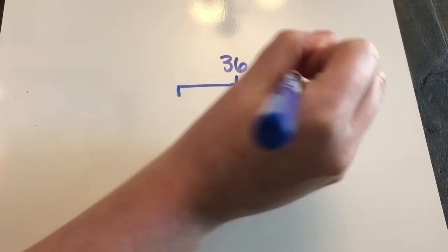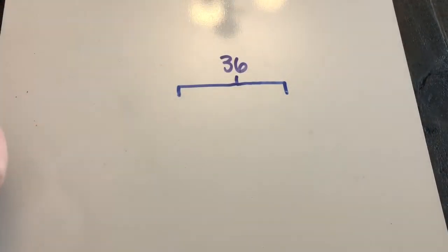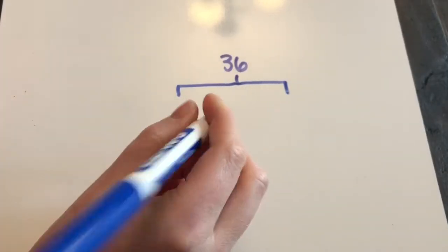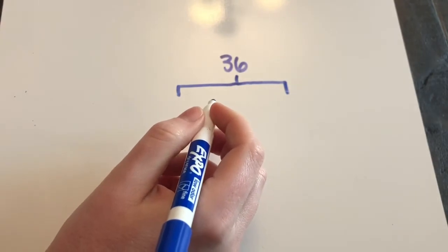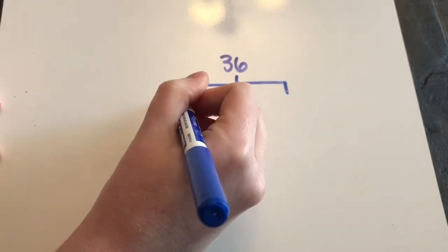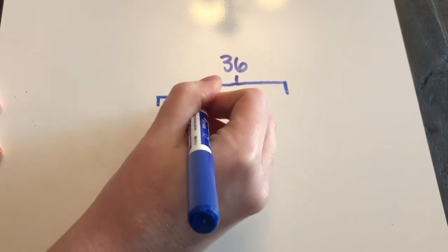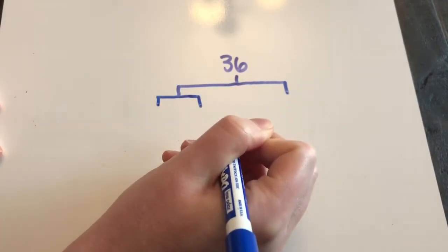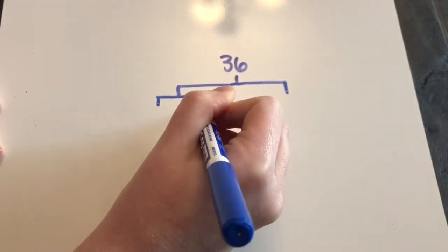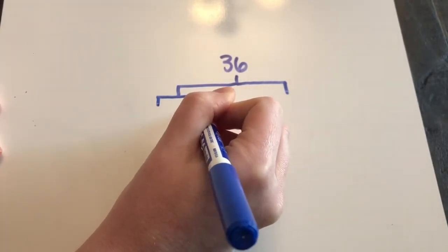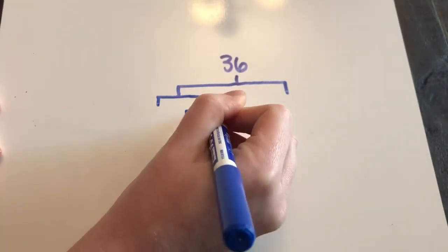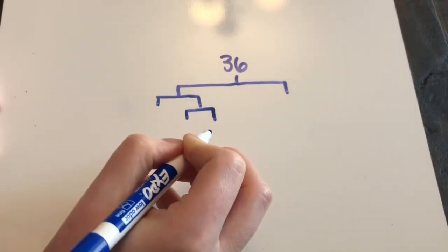I'm going to have 2 branches coming off here, so I know right away that those 2 branches are going to be 18 and 18. So then what I think I want to do is give myself 2 more branches here, and then I don't really know where I'm going with this, but let's give me 2 more right here just to see what happens.